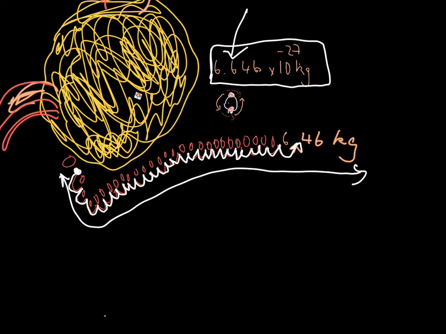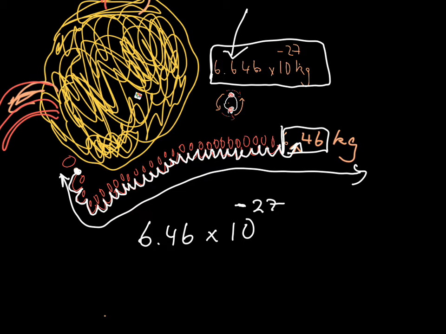Now, in order to show this using scientific notation, we are now left with a number which is 6.46, which is what we ended up with here. Okay, that is between 1 and 10, but we had to move it 27 times to the right. Now, because you moved it to the right, you show that with a negative sign.